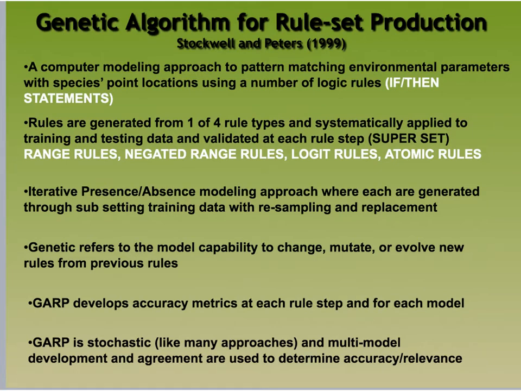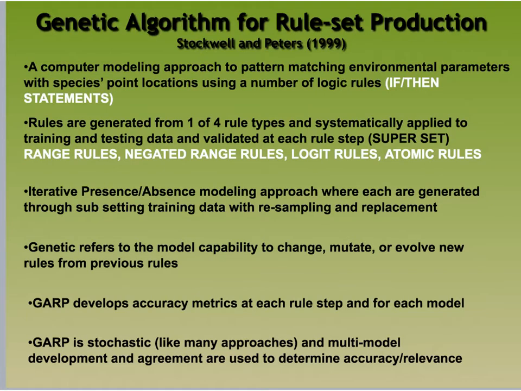So this means that GARP is going to work through a process of randomly selecting presence and pseudo-absence points, and it's going to try and match using one of those 4 rules or rule types in a series of combinations called a superset or a set of rules that can be any of those or a combination of those 4 rule types.